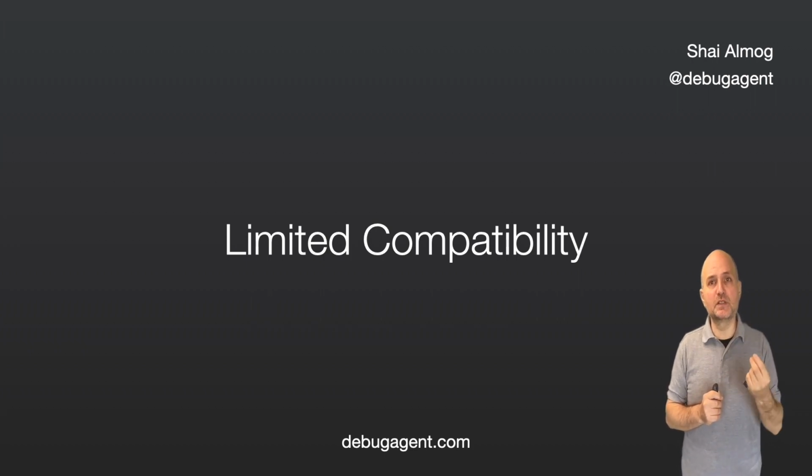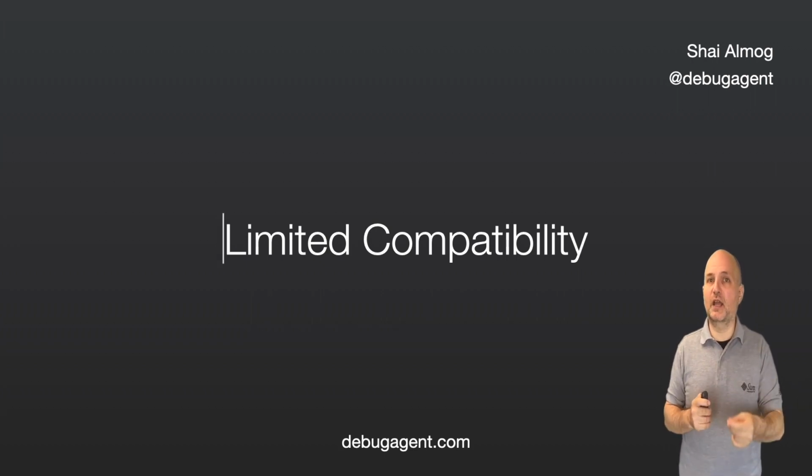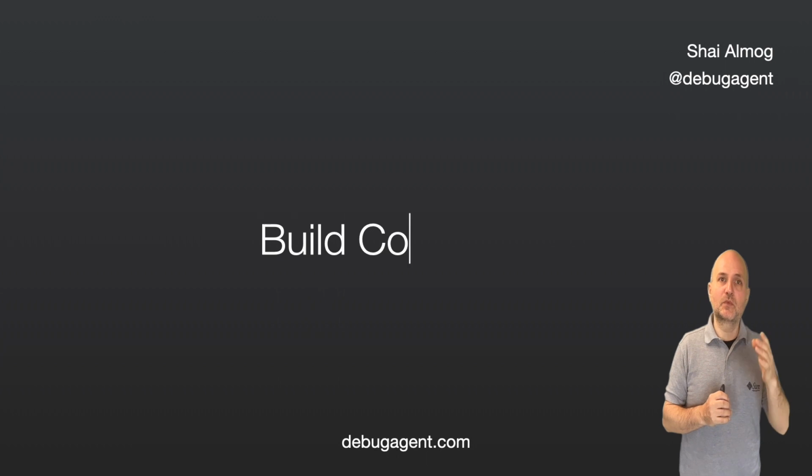Some Spring features, such as dynamic proxies, reflection, and AOP, may not be fully supported or require additional configuration. Additionally, some third-party libraries or frameworks may not work well with native image and may require special handling or customization.